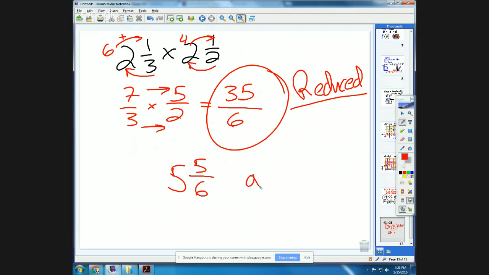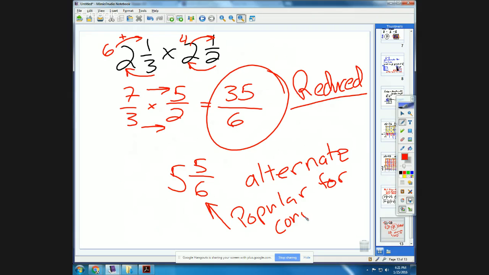So this is an alternate. It's not necessarily better than that. It just depends. This answer right here is more popular for conversation. We grew up hearing numbers like this more than we hear those when we're speaking to each other.